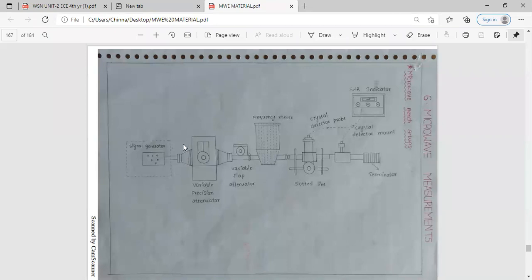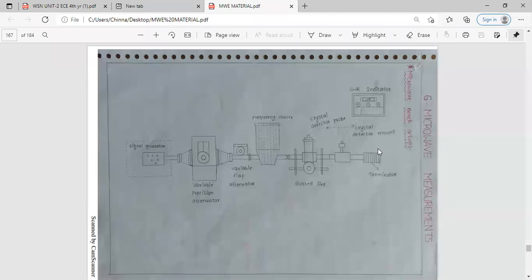Whenever using the isolator, it follows the signal generator, followed by the attenuator, then the frequency meter, and after the frequency meter the slotted line section, in which we can identify the crystal detector mount, and finally we obtain the terminal. This is the main representation of the microwave bench setup.